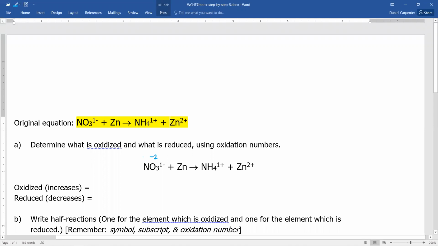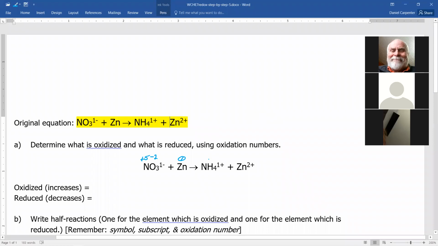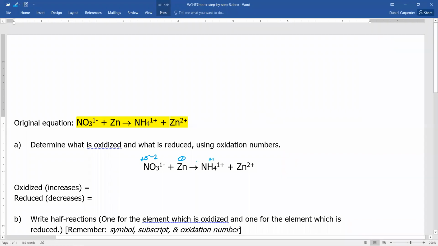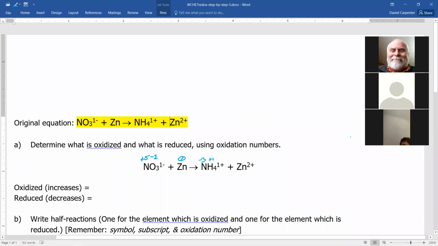Oxygen is -2, so that should be +5. Zinc is 0. Hydrogen is +1 with nonmetals, so that would have to be -3.